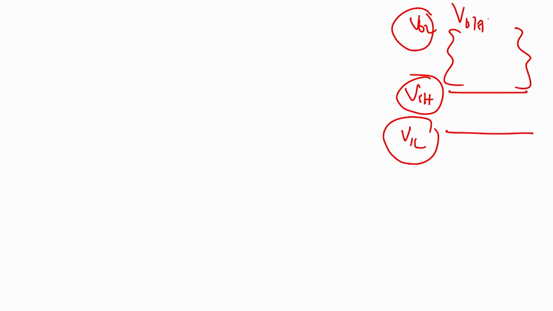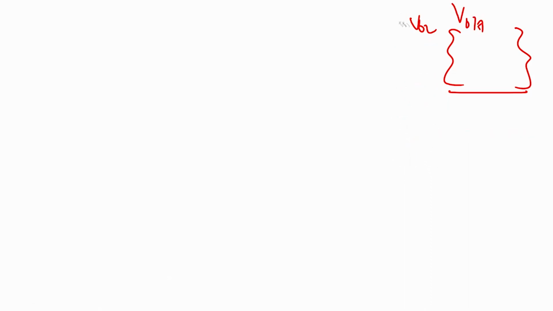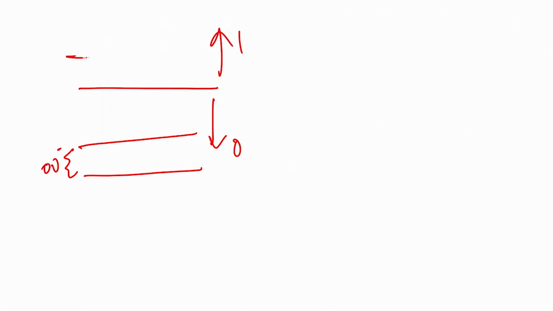I will not get into the full details of this because this is actually not part of an analog design course. But the idea is that you will not put a single threshold and say that anything below this will be 0 and anything above this will be 1. What you will do is have a threshold below, and if your voltage is somewhere below this, only then will you take it as 0, and if your voltage is above this point you will take it as 1.